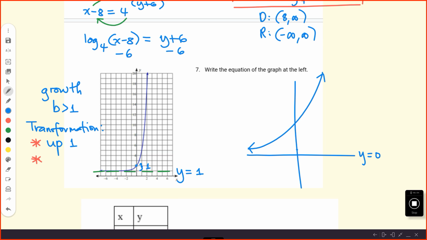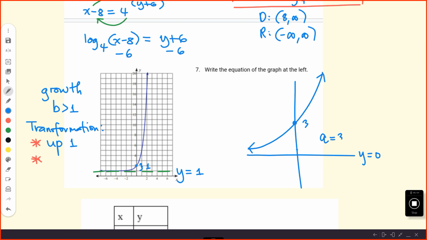So there's no transformation for the shift up or down. We don't say up 1 or down something, but we know that a is equal to 3 because the distance from the horizontal asymptote to this intercept is 3 units.